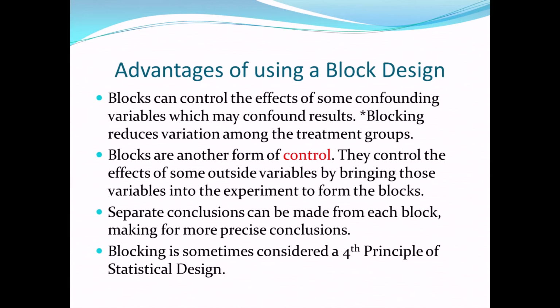But blocking is so important that when you look at your sampling frame, you might consider, can I block or should I block? If you have some kind of obvious categorical variable there that you think could confound things, you know, gender effects, racial effects, whatever, then go ahead and block.